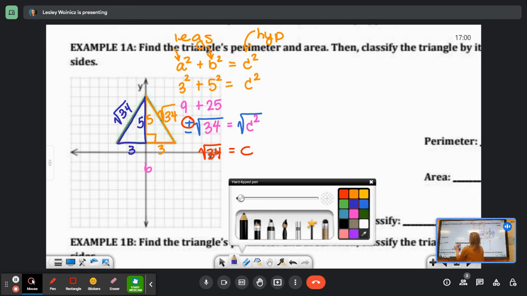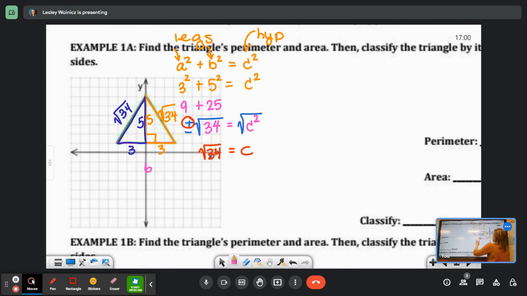But what we need to notice is that those sides, because they are the same measure, the definition of congruent says that they are congruent, so I can mark them as congruent. Now that I know that I have 2 sides congruent, I know that this is an isosceles triangle. And I can tell that all of its angles are less than 90 degrees, so I know that he's also acute.